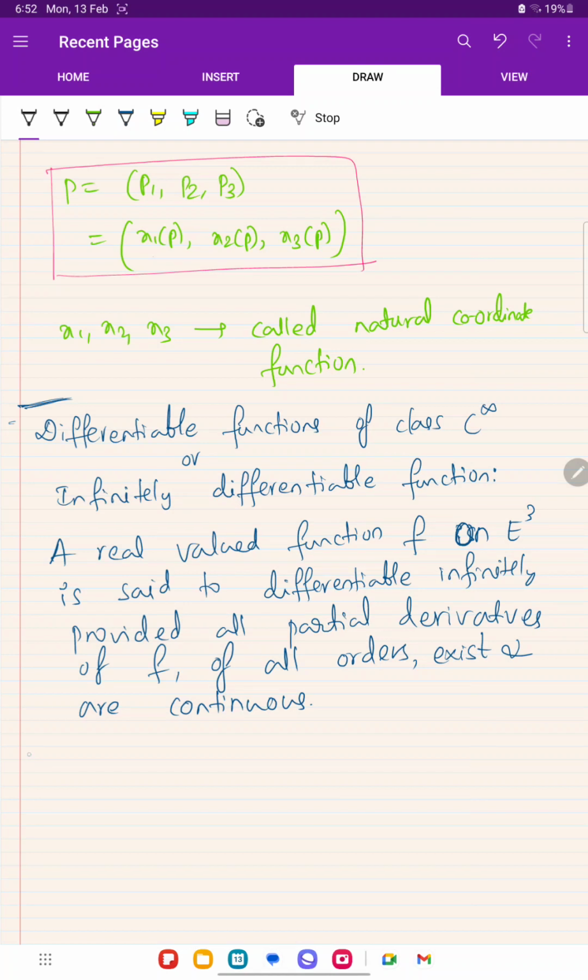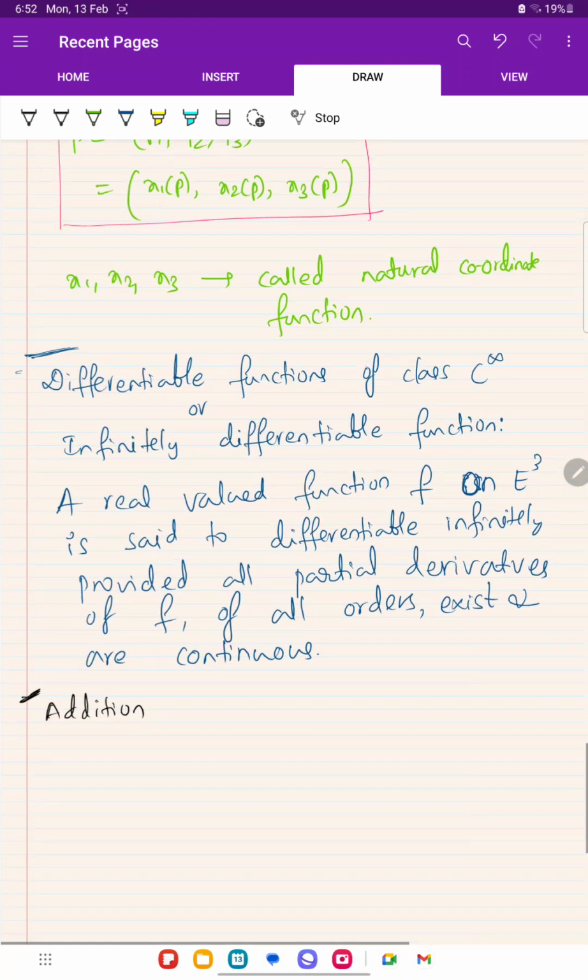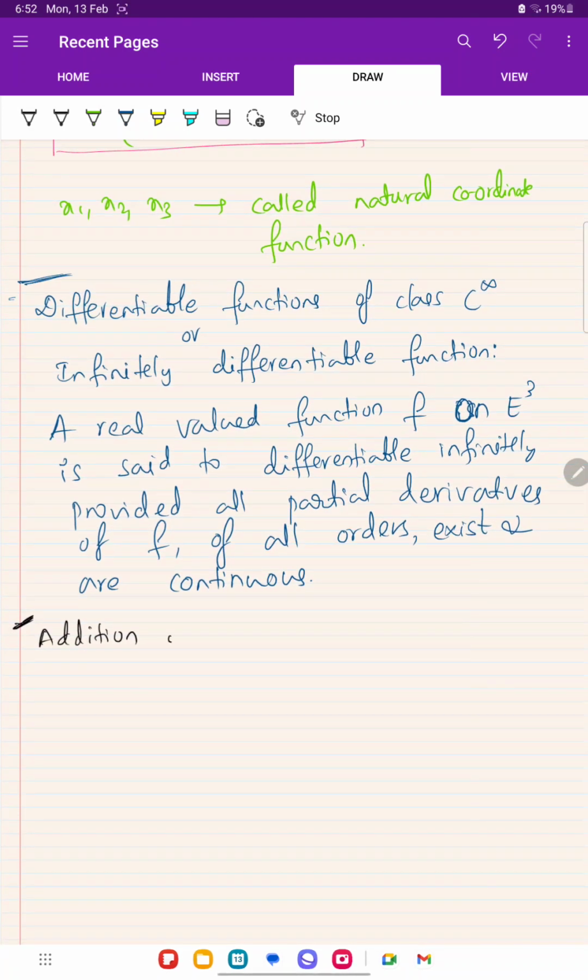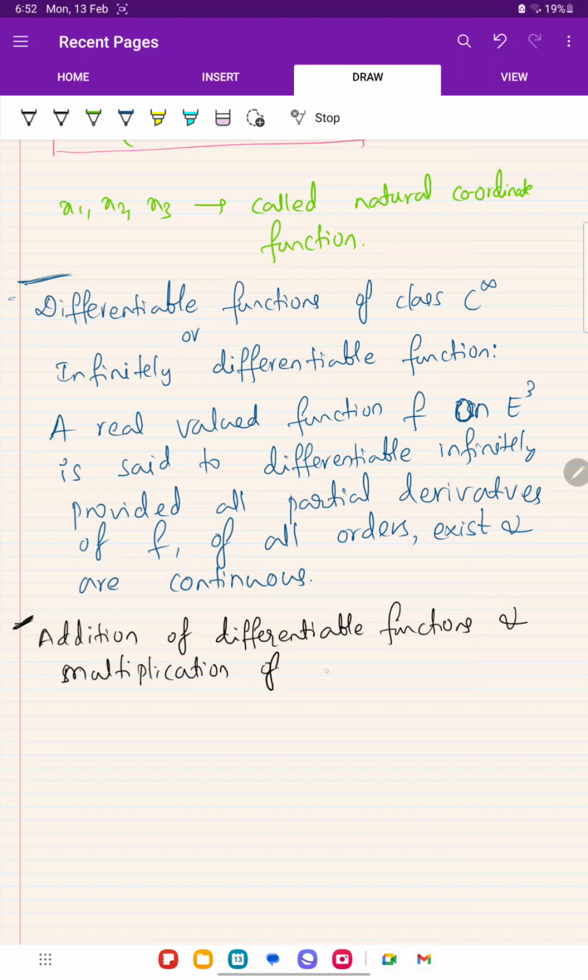Now we will see another concept: addition of differentiable functions, scalar multiplication and multiplication of differentiable functions.